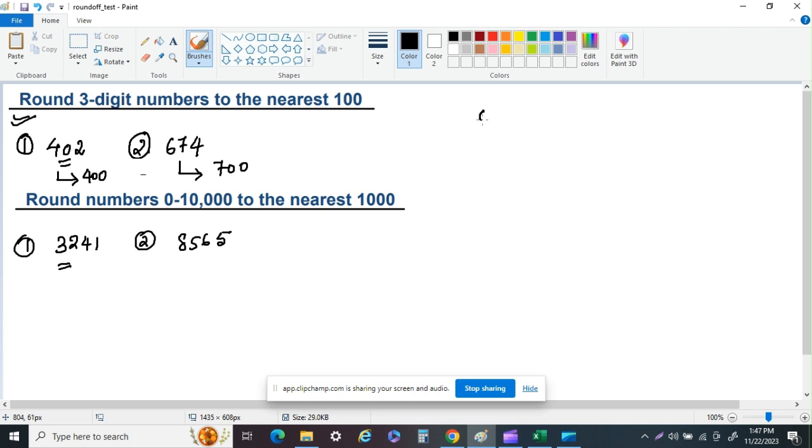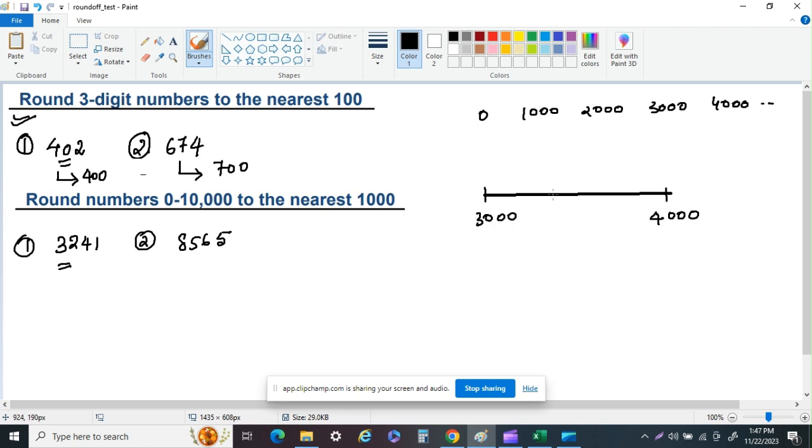We can start with 0, 1000, 2000, 3000, 4000, etc. Now, 3241 lies between which two thousands? I'm going to draw a simple number line once again. Since 3241 lies between 3000 and 4000, I'm going to put 3000 and 4000 on the number line.